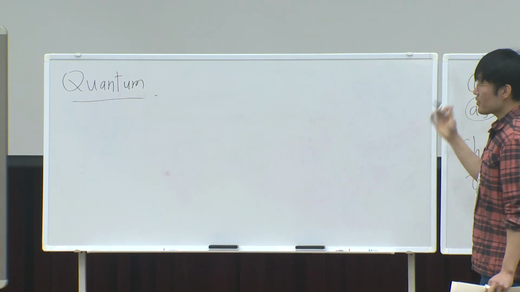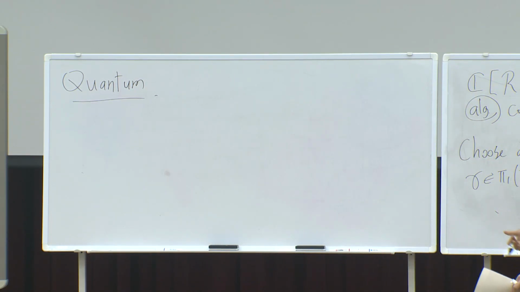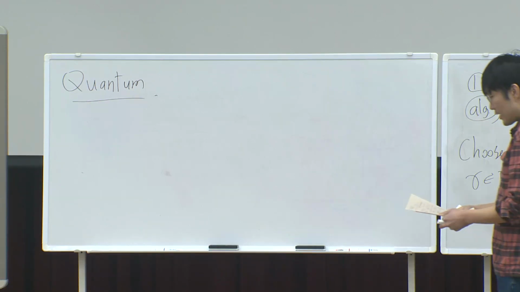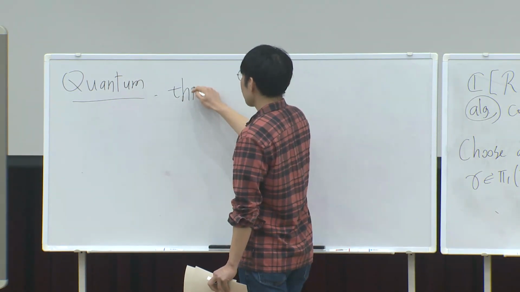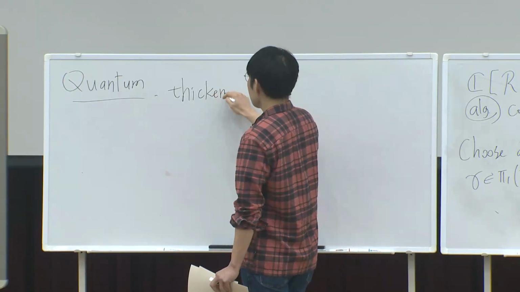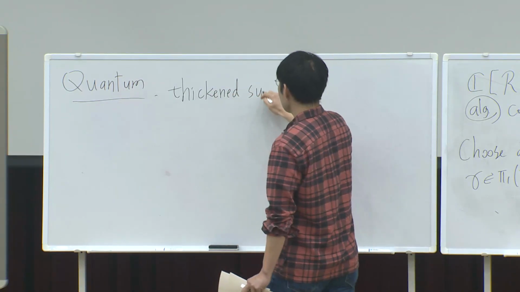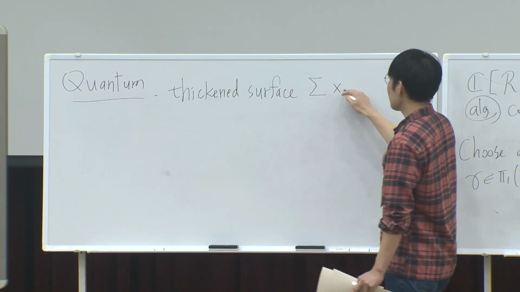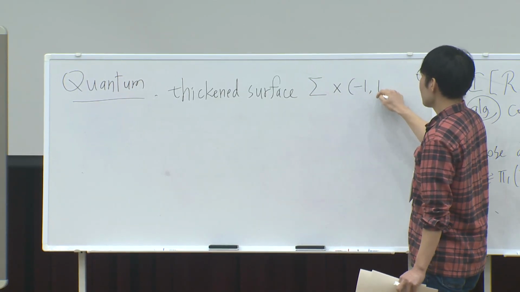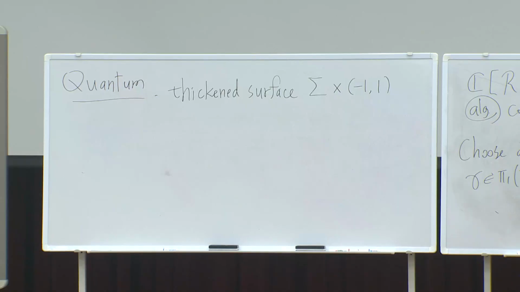Still about this surface, but now I need some 3-manifold, and that 3-manifold is what is called a thickened surface. So you take the product of your surface with some interval, let's say any interval you like, but I'll just choose this.